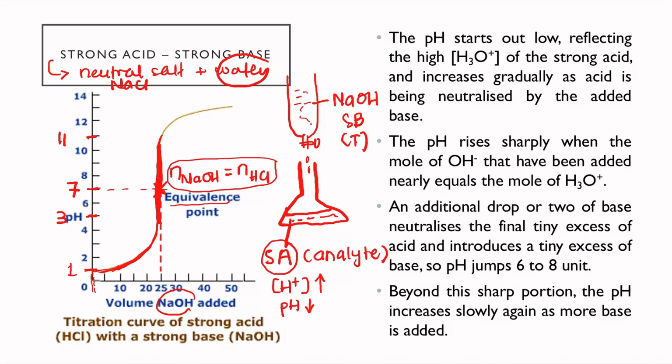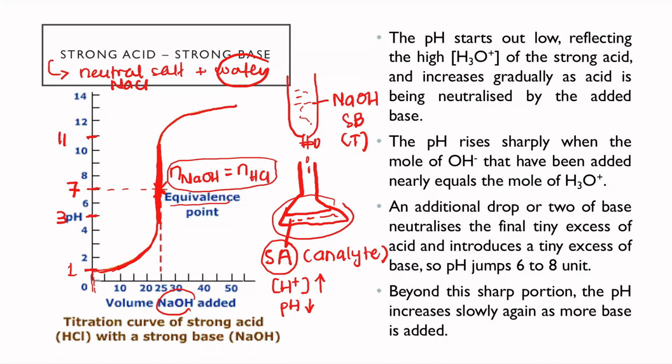Okay, it shoots up above pH 11. So that means awak punya solution dalam conical flask ni dah become basic, because you have excess sodium hydroxide in your solution. Okay?